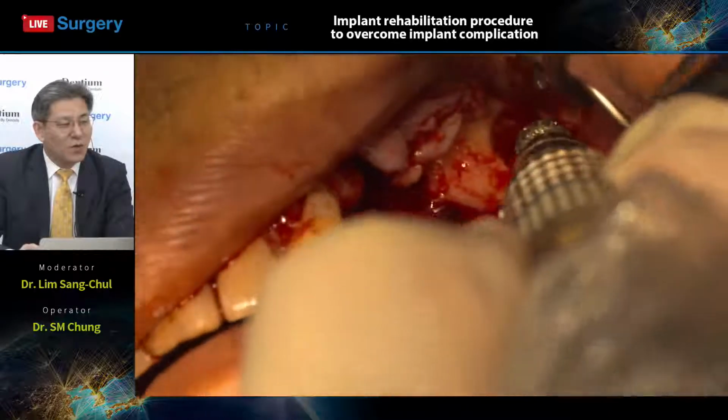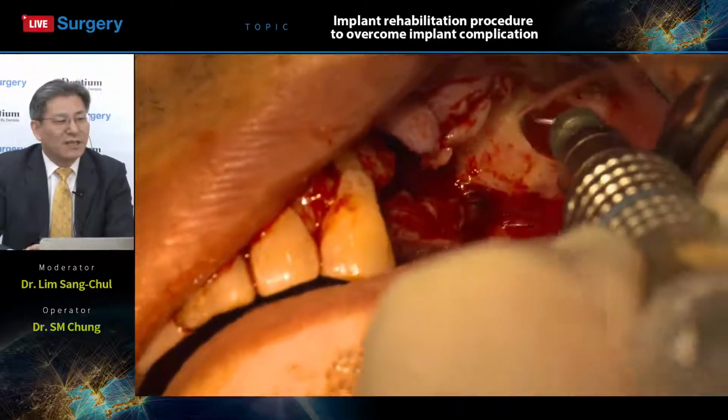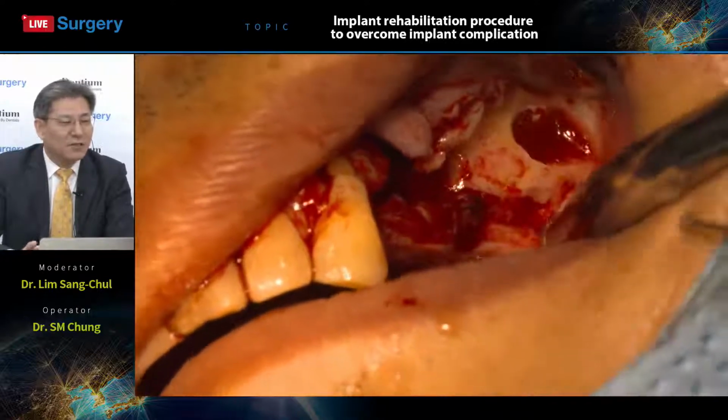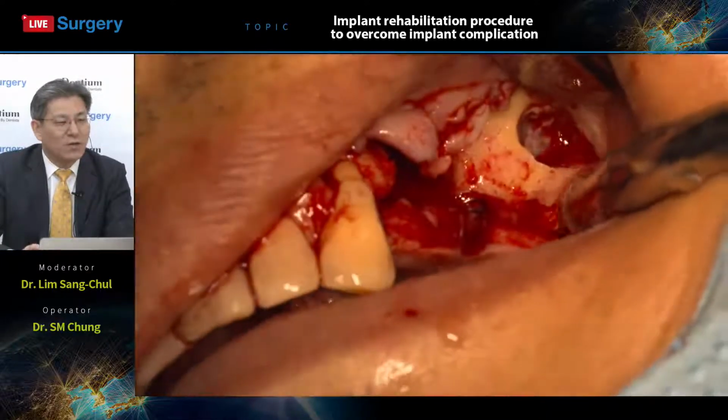This small dome-shaped instrument has another nickname, elephant foot. This one is a very efficient and useful device, as you know.